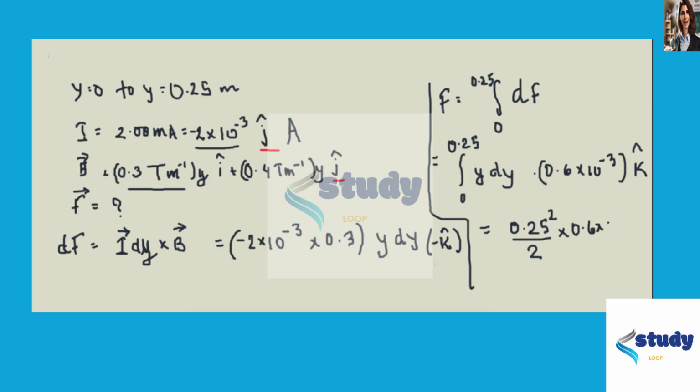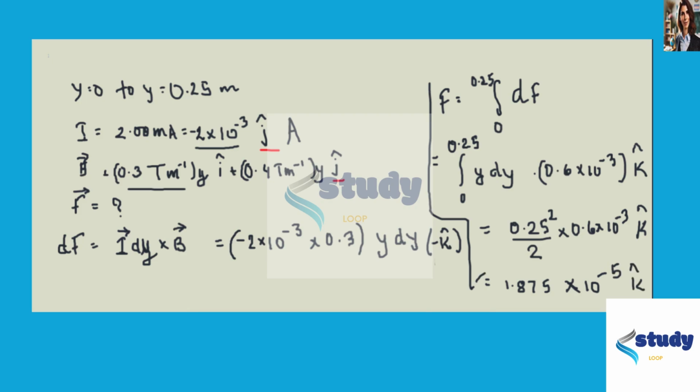So 0.6 into 10 to the power minus 3 in the direction of k hat. If you calculate this, it comes out to be 1.875 into 10 to the power minus 5 k hat.